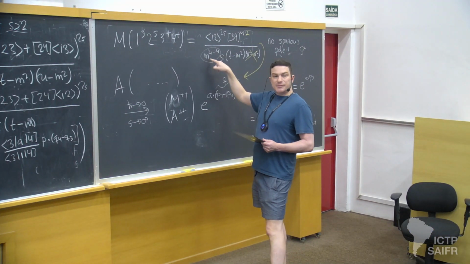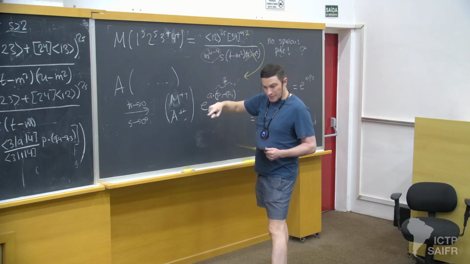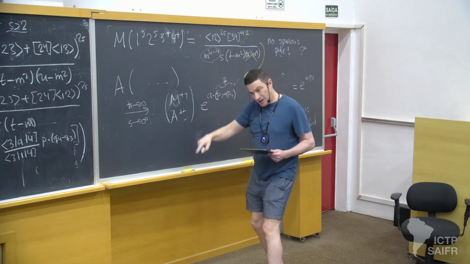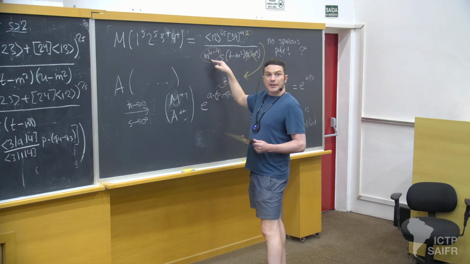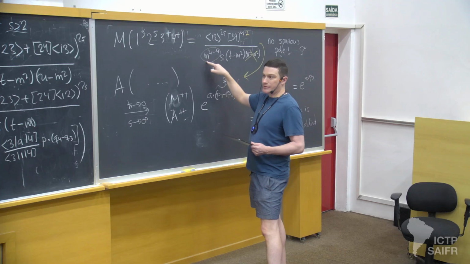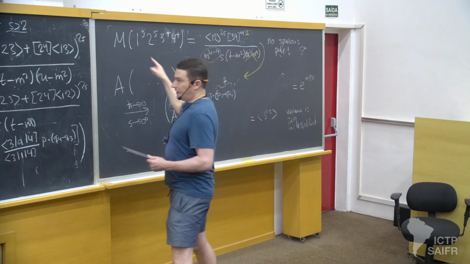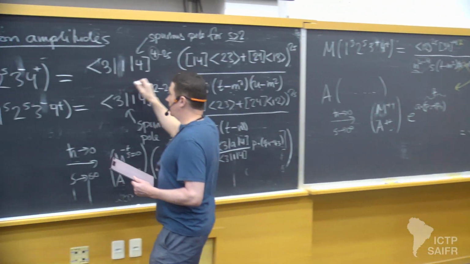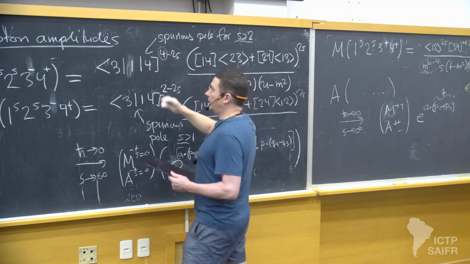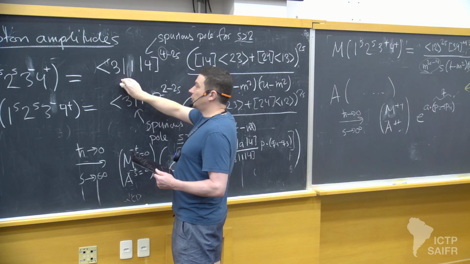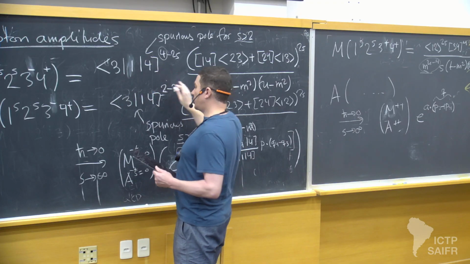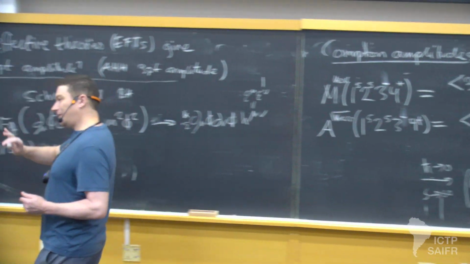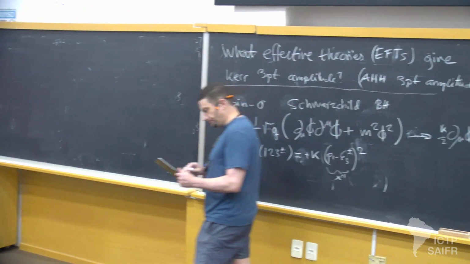You must have it for dimensional reasons, but this is also what disallows you from taking a massless limit. If this was not here, then you could take the massless limit, no problem, but it's here, so you cannot. And this M here is basically related to the spurious pole. In another way of saying it, once you have cured the spurious pole, this term will turn into a factor m squared. So it's related, but in a convoluted way, I guess.